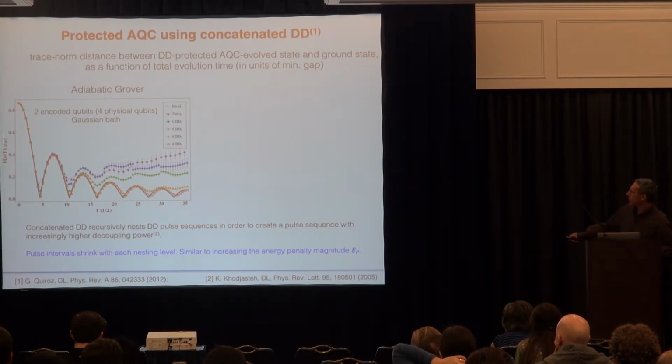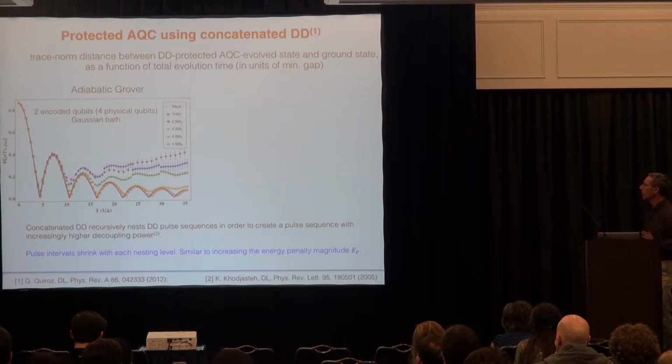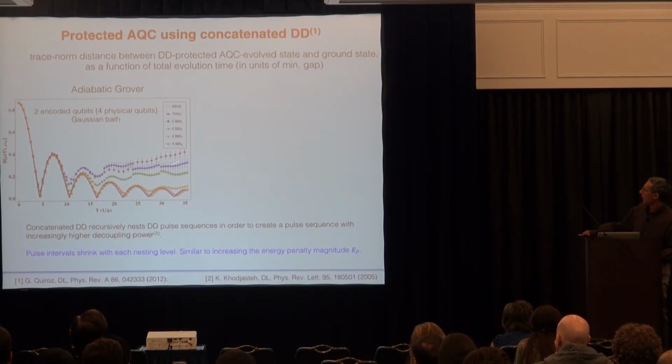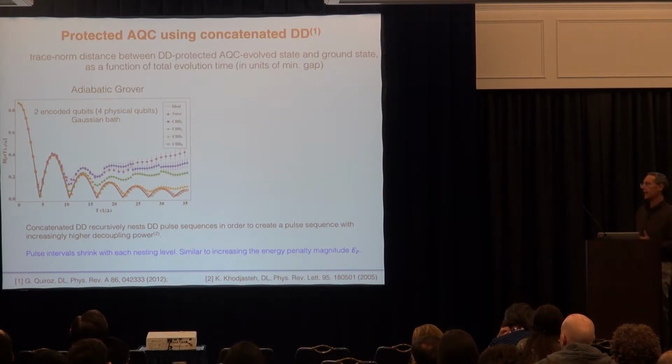If you can discern the black curve, it's way at the bottom here. This is the ideal case when there's no noise. This is for a Gaussian bath for two encoded qubits. And the upper curve here, the purple one, is when we don't do any dynamical decoupling. And everything in between are dynamical decoupling pulse sequences at various levels of concatenation.